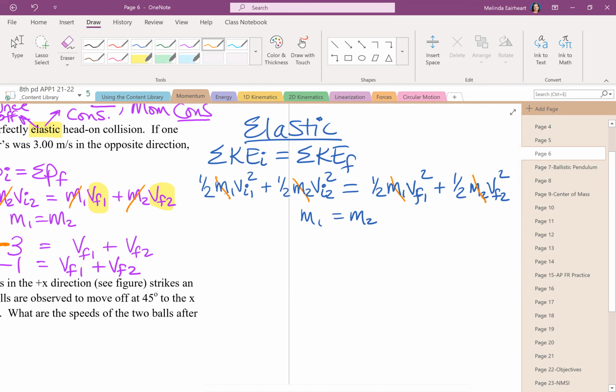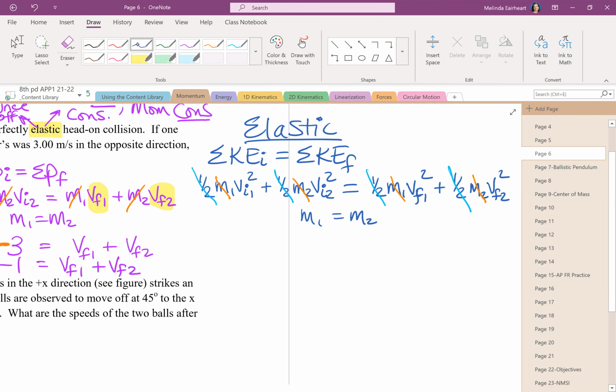The 1/2. Now, don't get cancel happy. Usually you don't cancel more than one. Two is probably a max. Don't cancel the velocities, they're all squared. Don't do that. And so to finish it out, now remind yourself, kinetic energy, and energy is scalar. We really don't have to worry about direction.